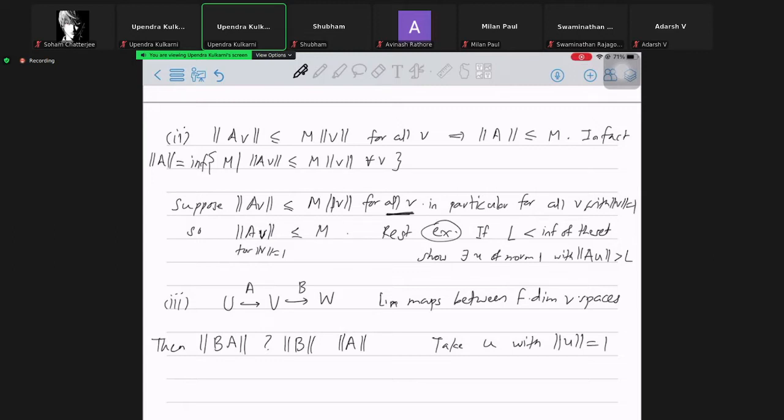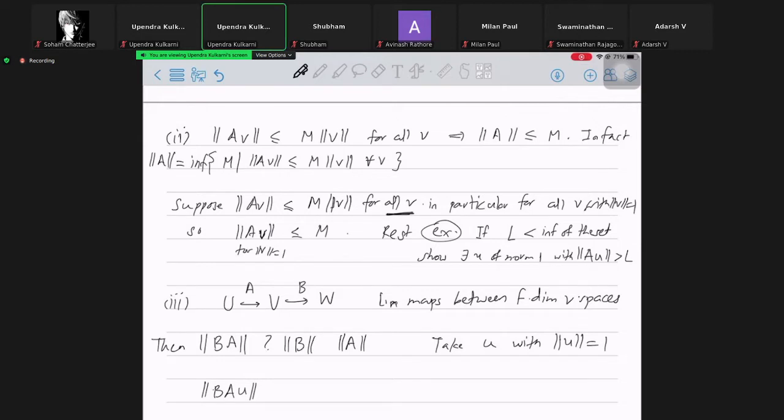So what I have to do is I have to calculate this, no? And I have to calculate it for all of them. Okay. So what gives now with this? We can say it's less than or equal to norm of B multiplied by norm of AU.